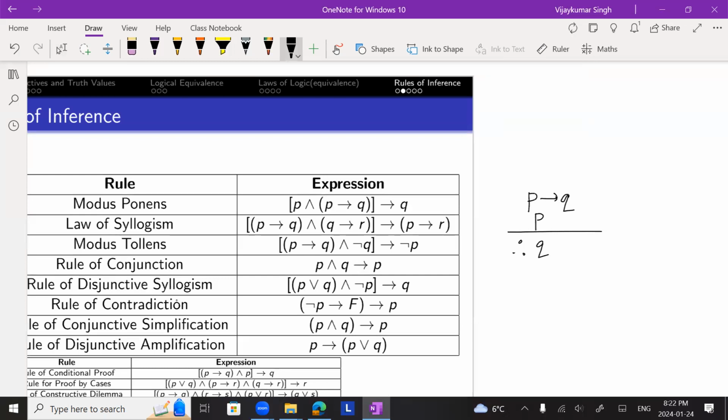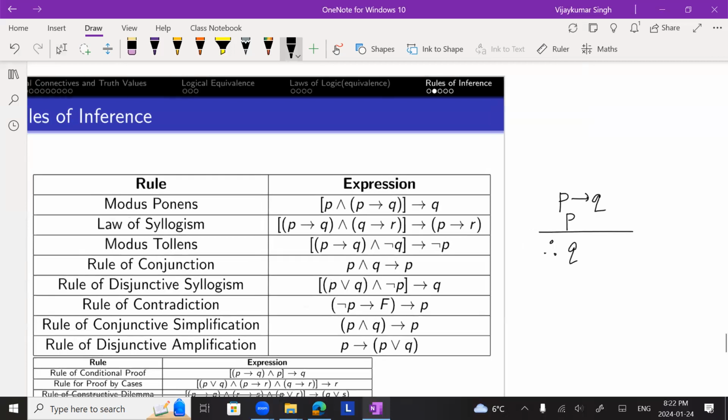If this was always true, then the answer in here would have been just P. Does that make sense to you? So here we are saying Q. That means P implies Q, P, and therefore Q is exactly the same as saying Q, whether Q is true or false. So this is modus ponens.